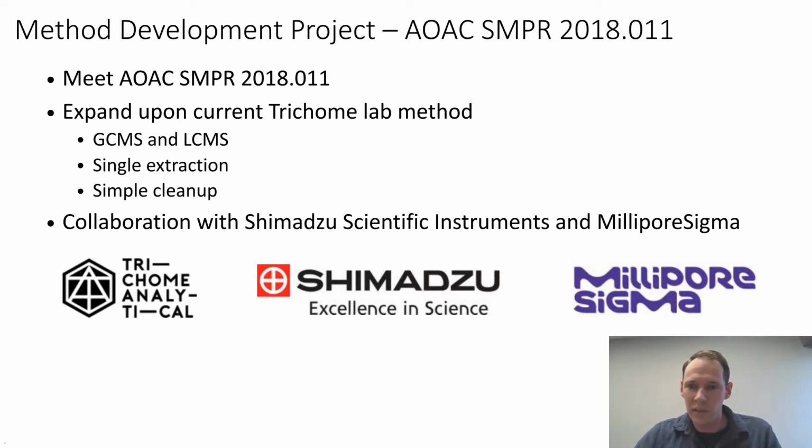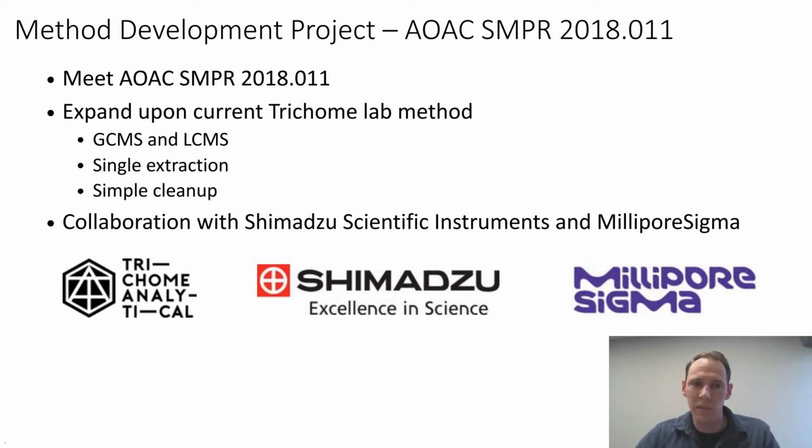So we basically wanted to see if we could develop a method that would meet all of these requirements in the AOAC SMPR. As a starting point for this project, I wanted to utilize our current in-house lab method for pesticides in cannabis.